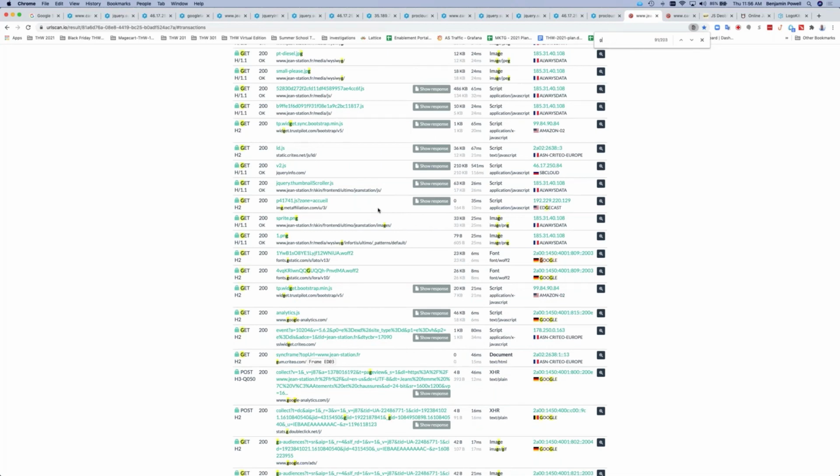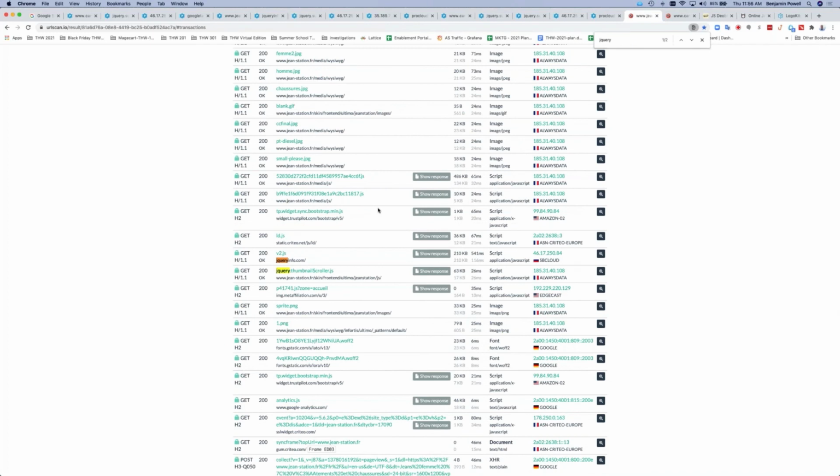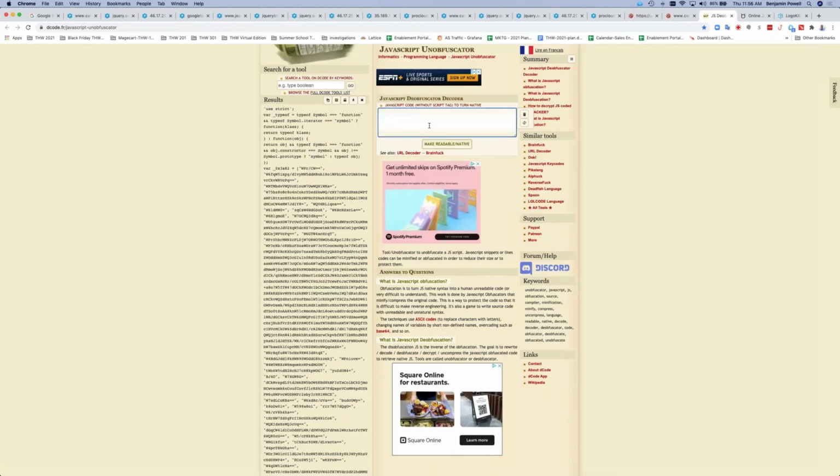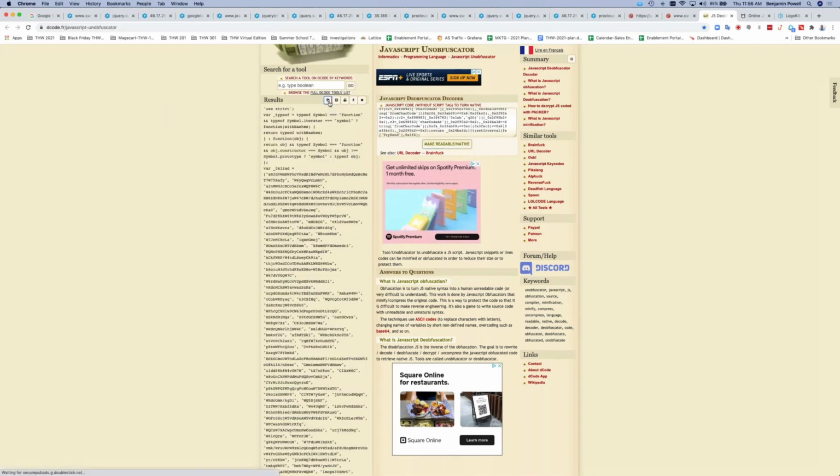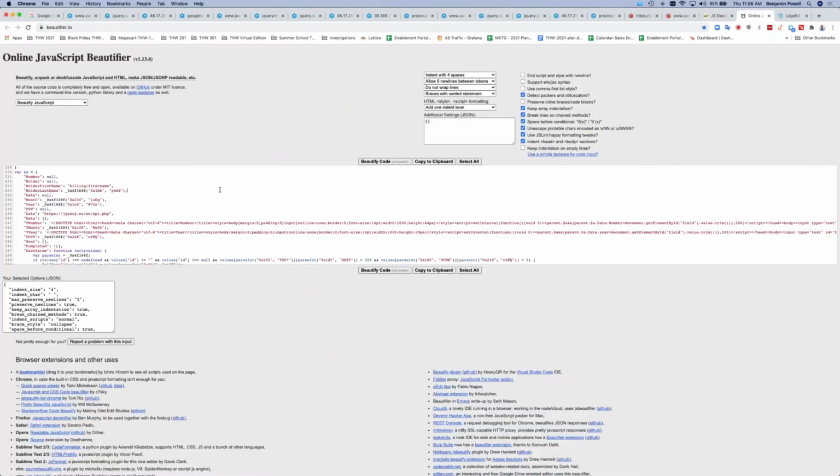Let's look here. jQuery info. Oh, there's jQuery info. Okay, so let's look at the response. Obfuscated. Let's copy it. Let's go and deobfuscate it. Make it readable. Let's copy it. Let's beautify it.